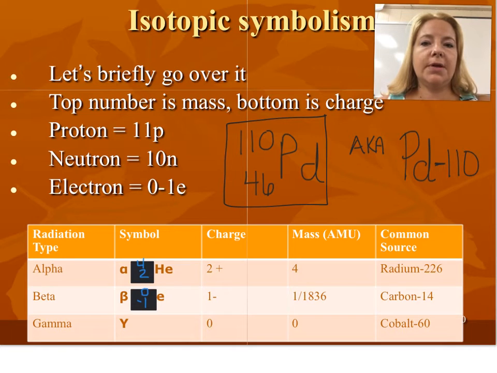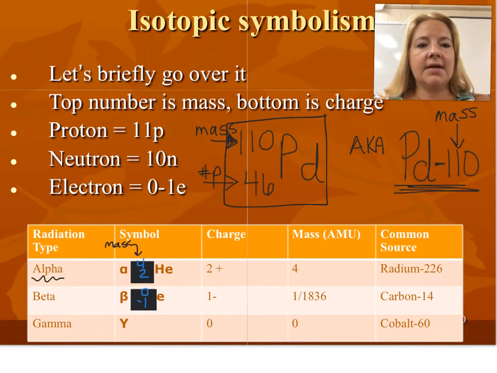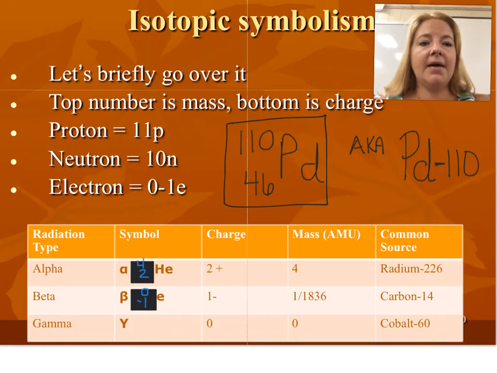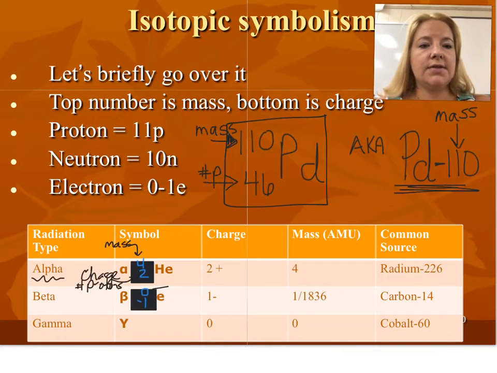So with isotopic notation for our different types of radiation, with alpha decay, we're going to have released basically a helium atom. And so the top number here is going to be the mass, and helium has a mass of 4. And the bottom number here is going to actually be the charge, or also the number of protons. Okay? And then with beta decay, because it's an electron that's being released, there is no mass.